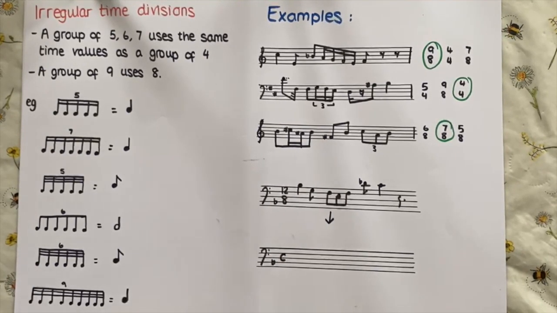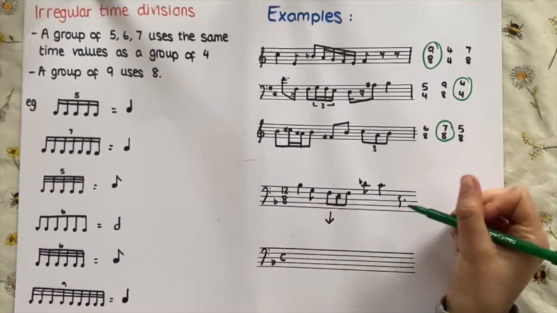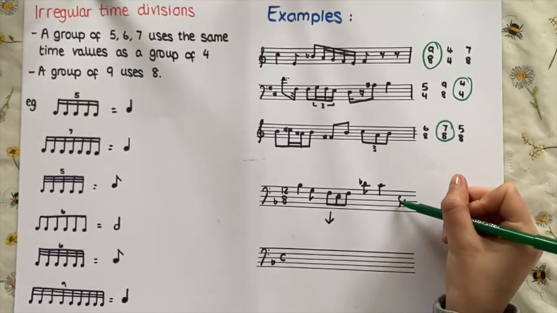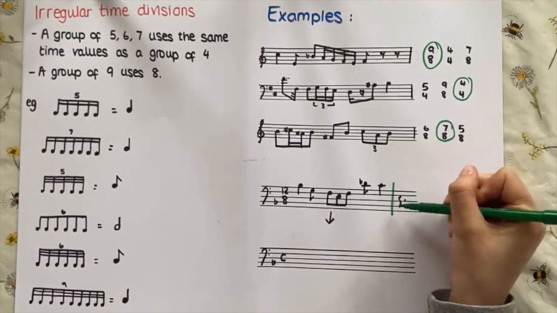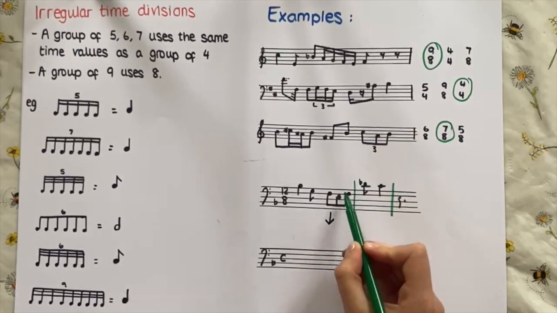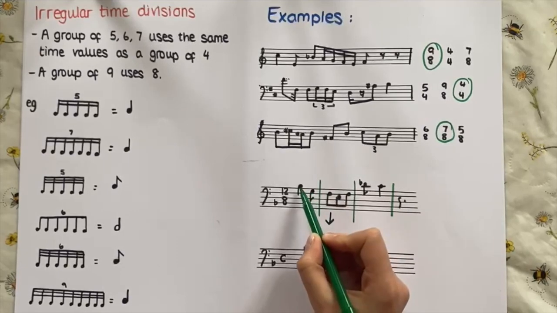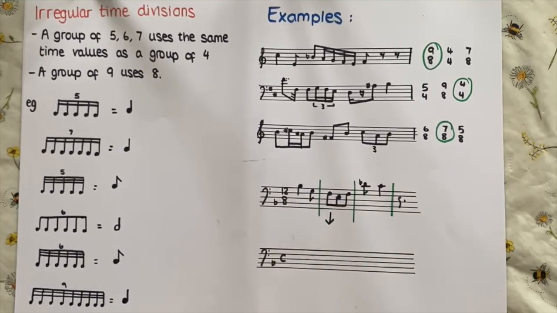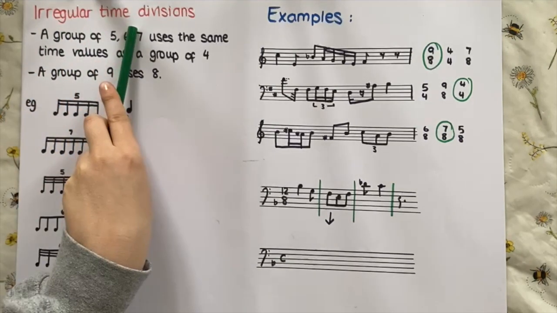So we'll start off by dividing the beats up, which is how I find this to be an easy start. So I like to start at the end of the bar. So we've got 3 quavers here, so that's 1, and then 1, 2, 3, 1, 2, 3, and 1, 2, 3. So when we're putting things into a time signature that they don't belong, we use irregular time divisions, as we learnt before.